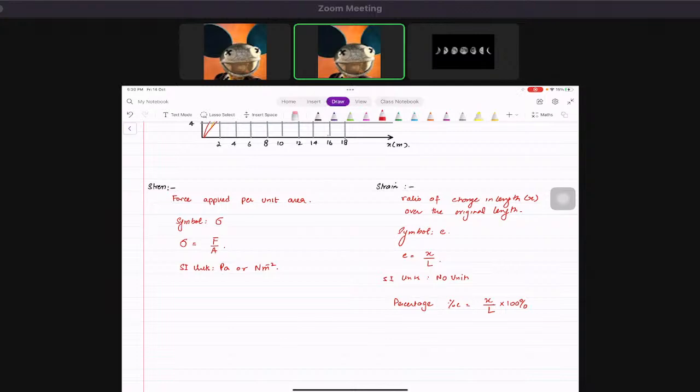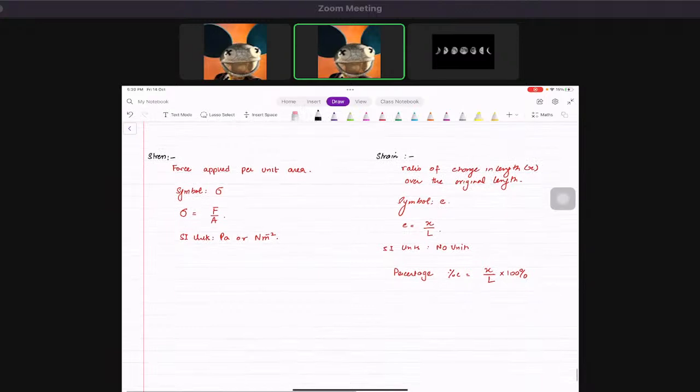Now, so then comes basically Young's modulus that we're working toward.